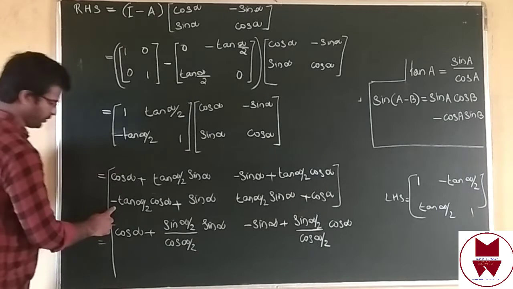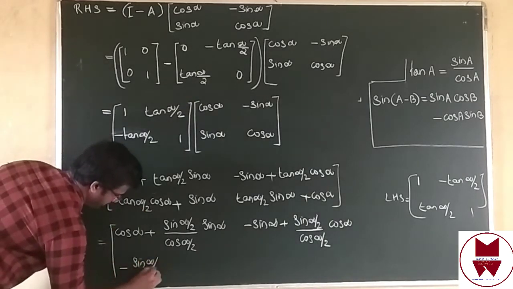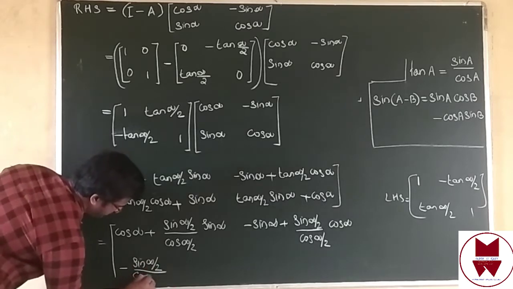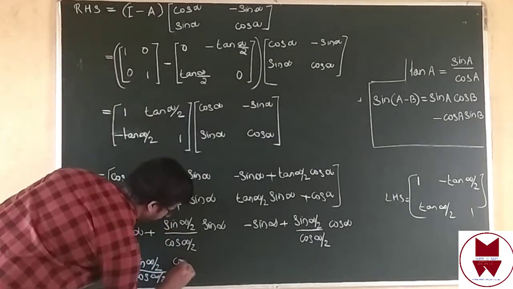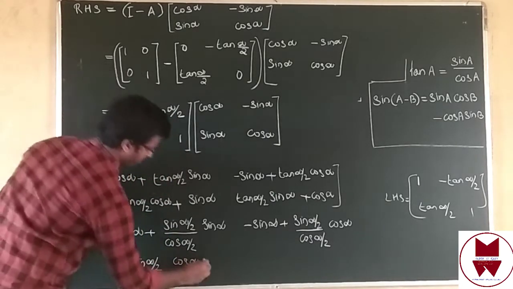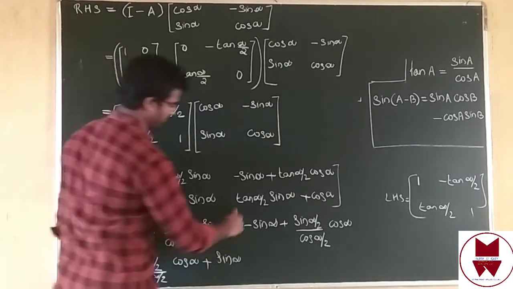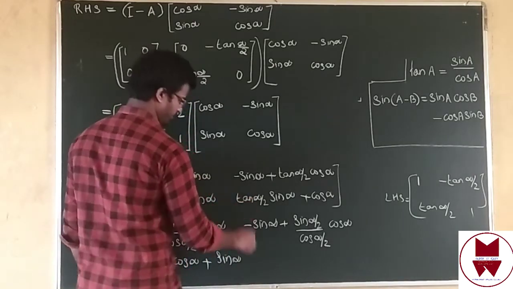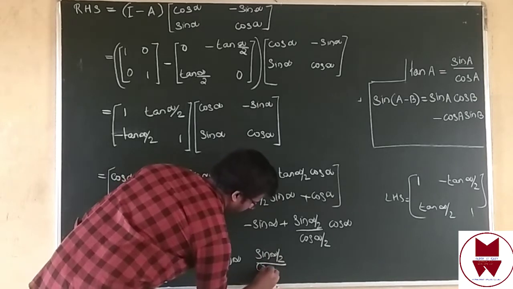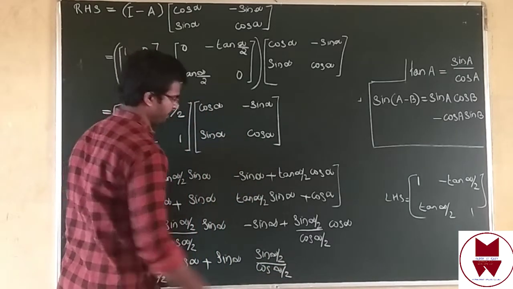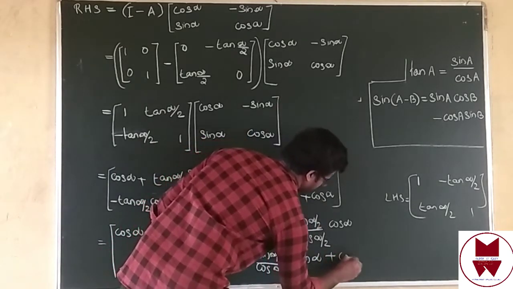Then second row, minus tan, we can write sin alpha by 2 divided by cos alpha by 2, then this cos alpha plus sin alpha. And then this one also, the second part we can change to sin by cos: sin alpha by 2 divided by cos alpha by 2, then sin alpha, plus cos alpha.